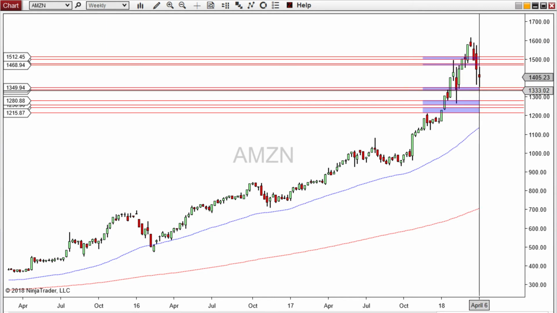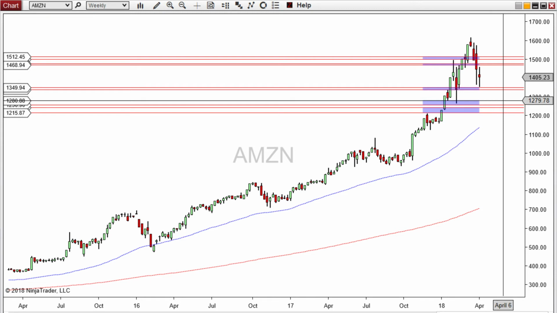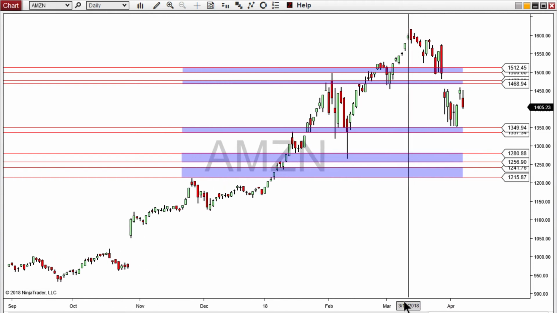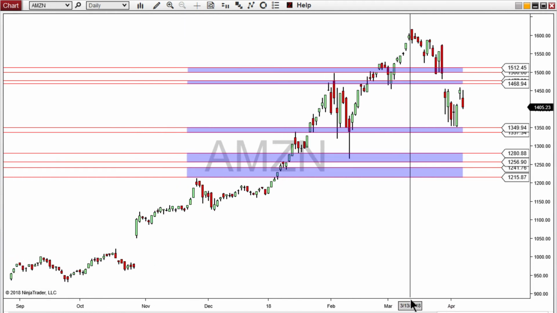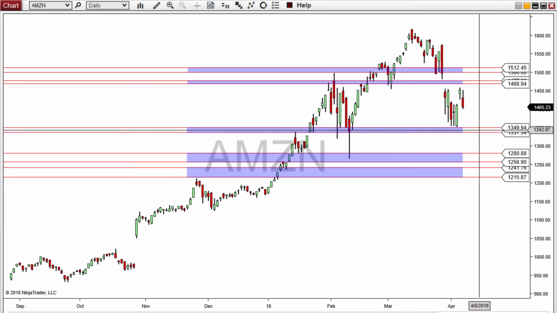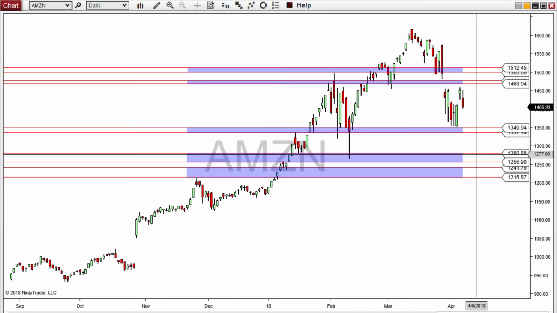So right now you're looking at this 1349, 1350. Break that 1350, and I'm looking at 1280. So this is a stock that probably has some downside to come. Essentially I'm looking at this zone here, the 1350 area, 1349.94, so essentially it's 1350, and then the 1280.